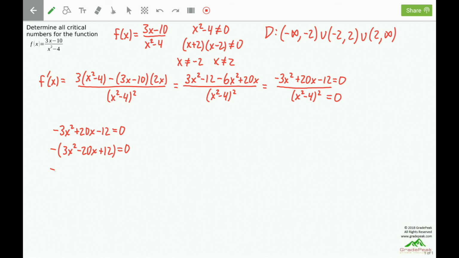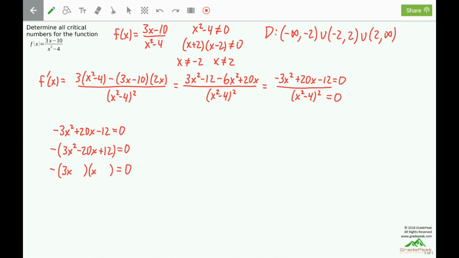We can now attempt to trinomial factor. Because it's a 3x squared, it will factor into a 3x and an x. And we need two numbers that multiply to be a positive 12 and add to be a negative 20 after one is multiplied by a 3. Since it's a negative 20, they will both be negative. Now 12 is 12 and 1.